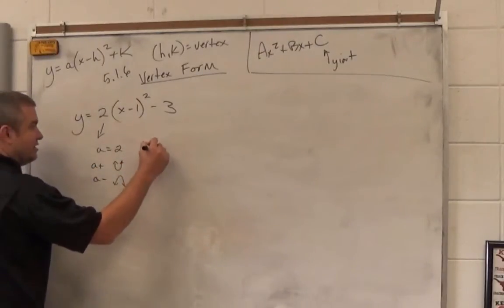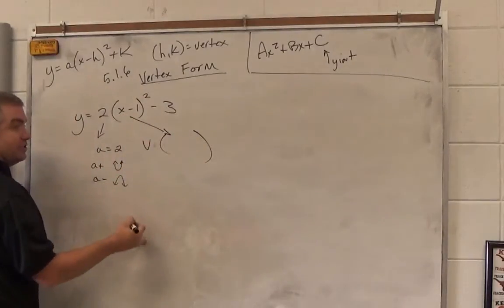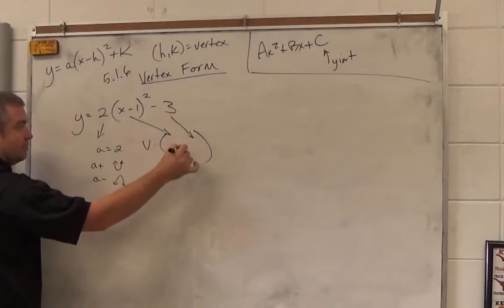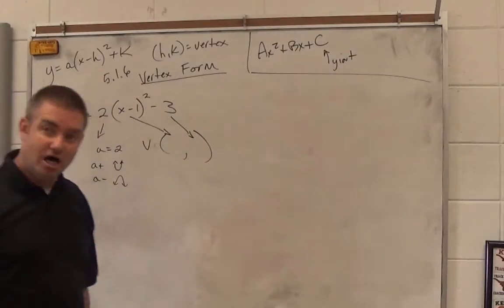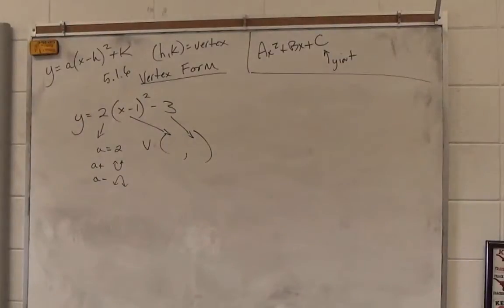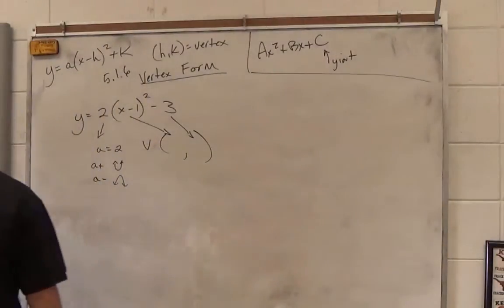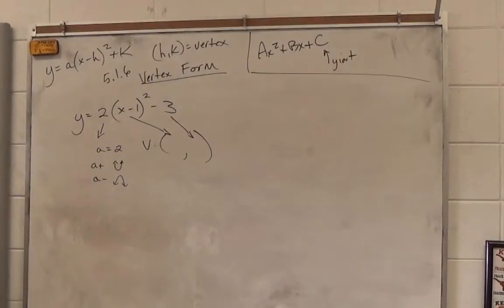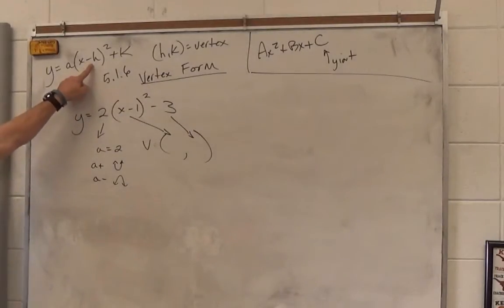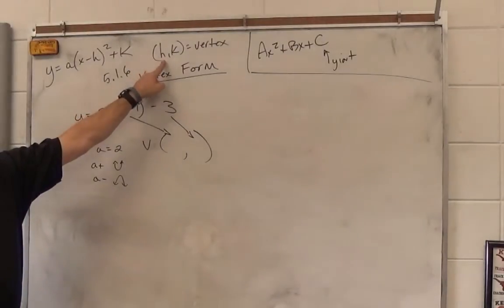Then, over here, these two numbers tell us our vertex. This number tells us the x value, and this number tells us the y value of our vertex. That makes sense, since vertex form tells us the vertex of the quadratic. There's only one hiccup, one thing you have to remember to do. Inside the parentheses it's negative h, and in the vertex it's positive h.